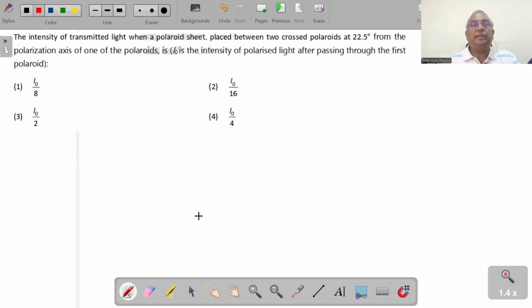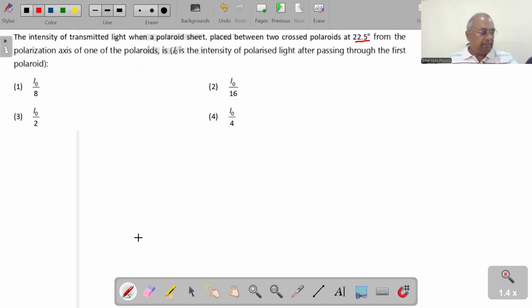The intensity of transmitted light when a Polaroid sheet is placed between two crossed Polaroids at 22.5 degrees from the polarization axis of one of the Polaroids. I naught is the intensity of the polarized light after passing through the first Polaroid.